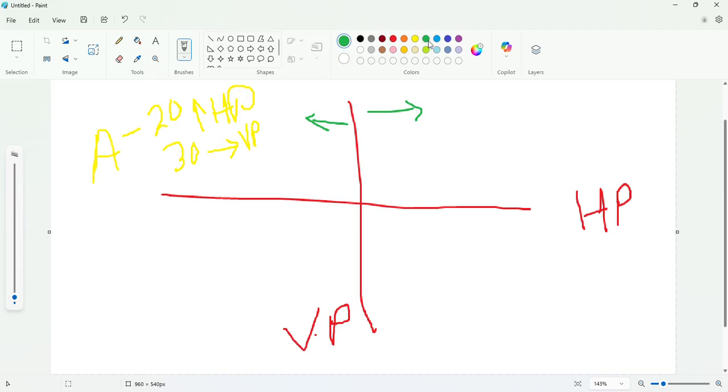So you can write it here. This is in front, and this side to the left it is behind VP.